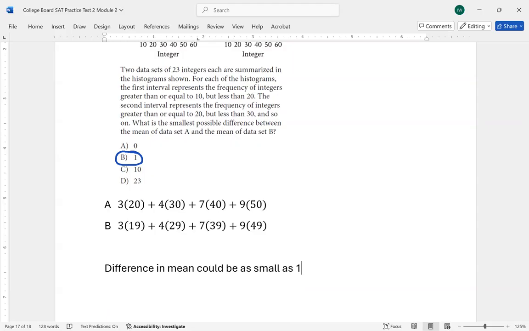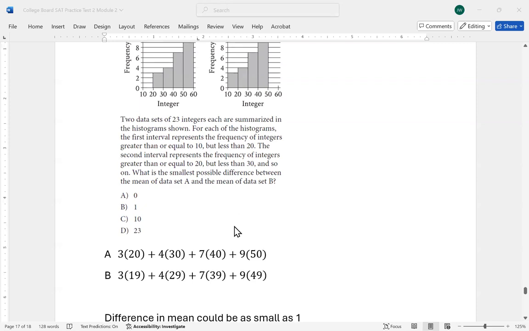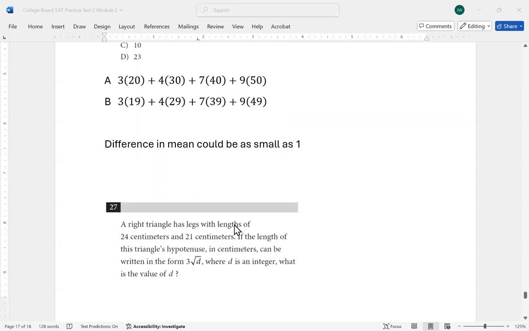So answer B is the correct answer to problem 26. Okay, smallest possible. Now, likely it's not that number, but smallest possible is that.